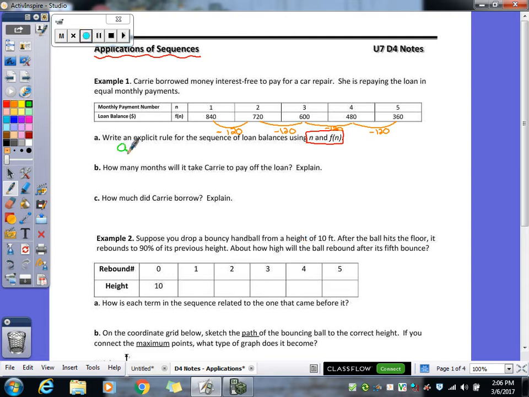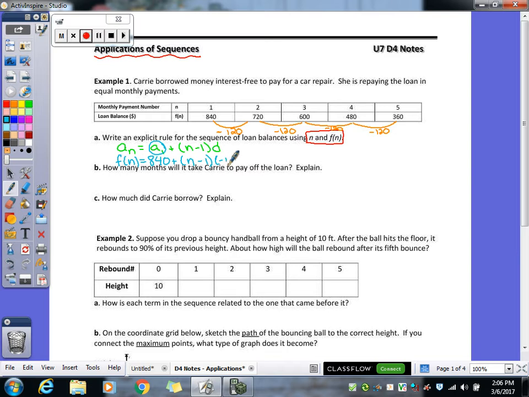So if you remember our arithmetic formula, it would be that. But again, I didn't use the right notation. They wanted me to use f's instead of a's. So this should be f of n equals. Our first term is 840. n is going to stay as n.